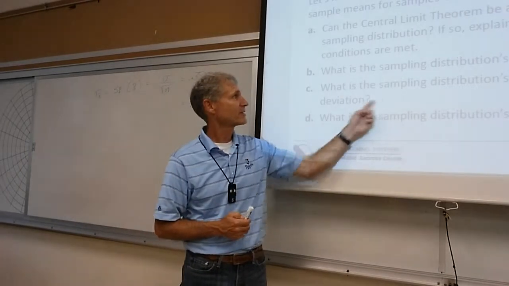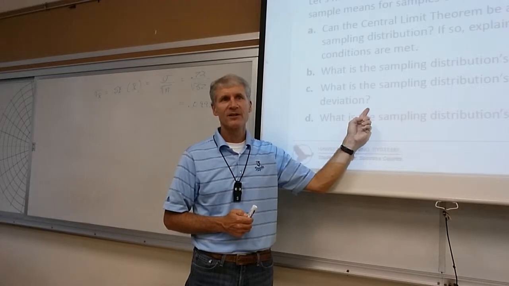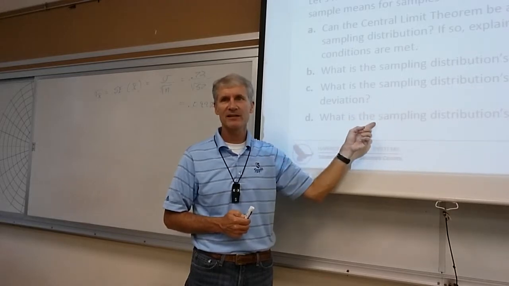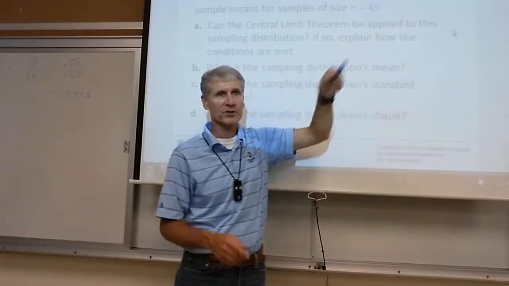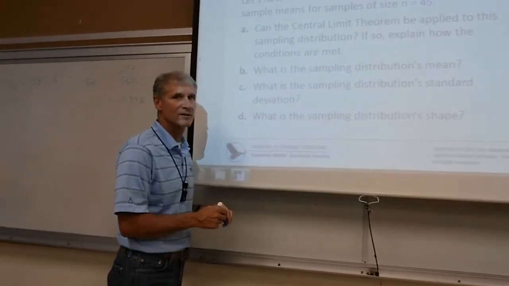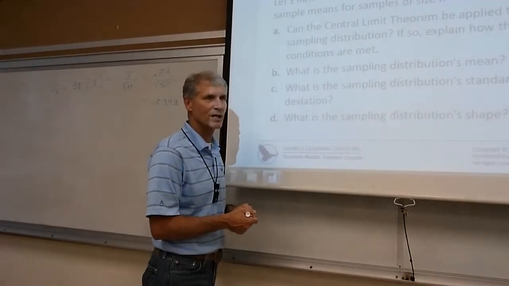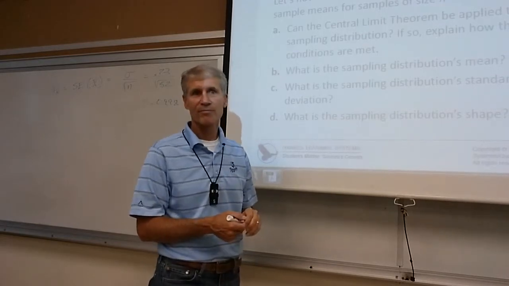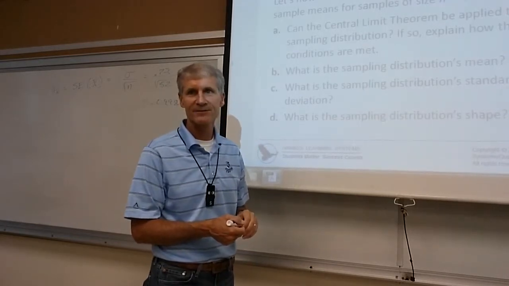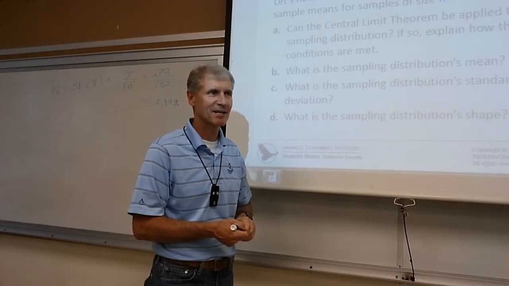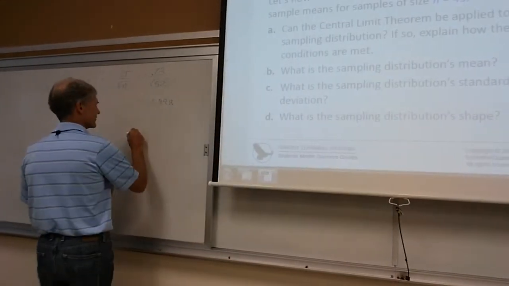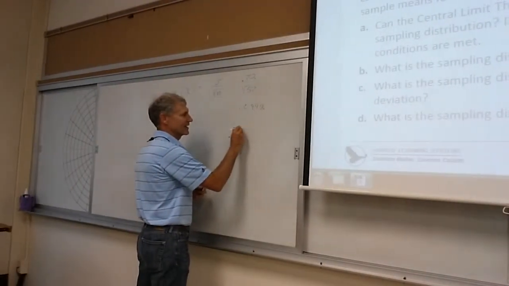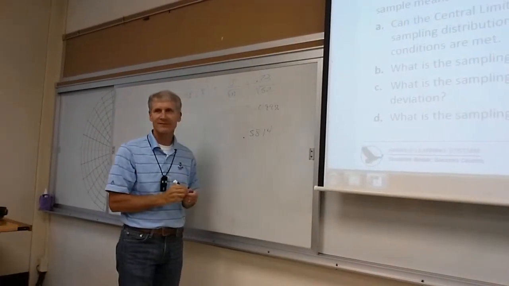So what's this going to be? It'd be 3.9 divided by square root of 45. And what did you say that number is? 0.5814. I'm getting a disagreement. I better write it down. What did you say? Point what? 5814. Okay.